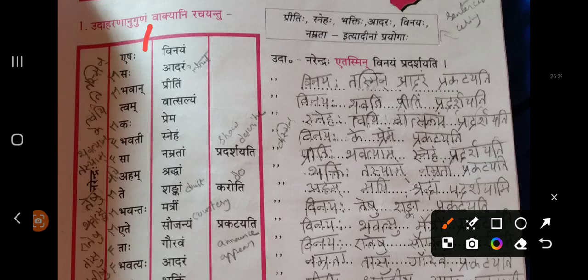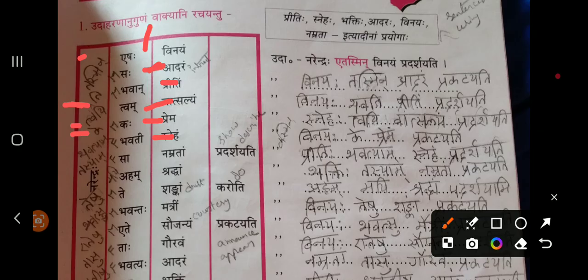Yeshaha, Saha. Here, Bhavati will become Bhavatyam. Kaha will become Ke. Tvam becomes Tvai. Bhavan, Bhavati. Saha, Tasmin. So these are the Saptami Vibhakti respective forms. Plural or singular, that we will see in the sentences. So first you will convert into Saptami Vibhakti forms.